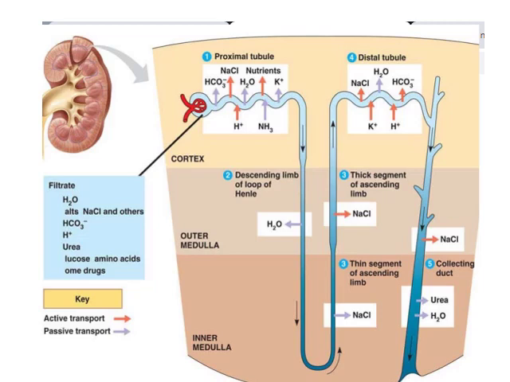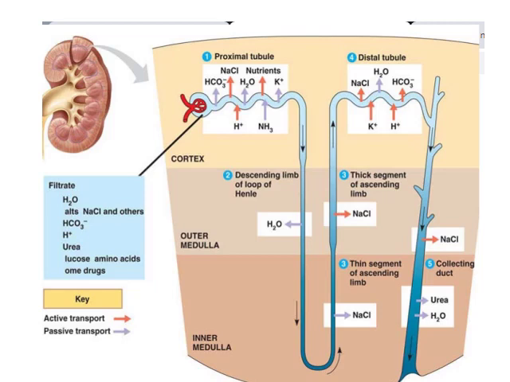Then in the distal convoluted tubules, sodium chloride will move out, water will move out, bicarbonate ions will move out, and potassium and hydrogen will move inside now. Now in the collecting ducts, sodium chloride will go outside, urea will go outside, water will go outside, and then this urine will pass to the ureter.